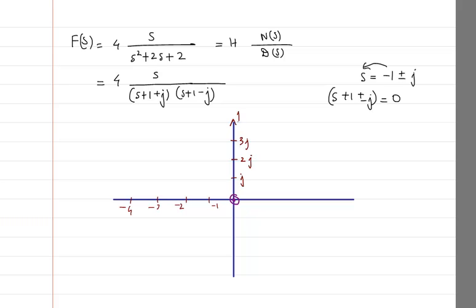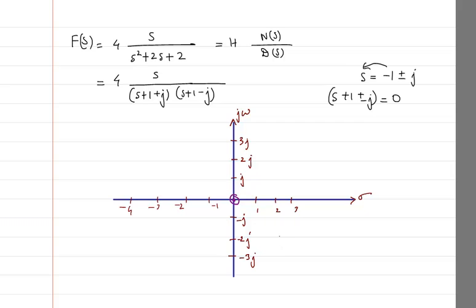This is which axis? J omega axis. This is the real axis, so I can write 1 here, 2 here, 3 like that. This is going to be minus j, minus 2j, minus 3j like that.